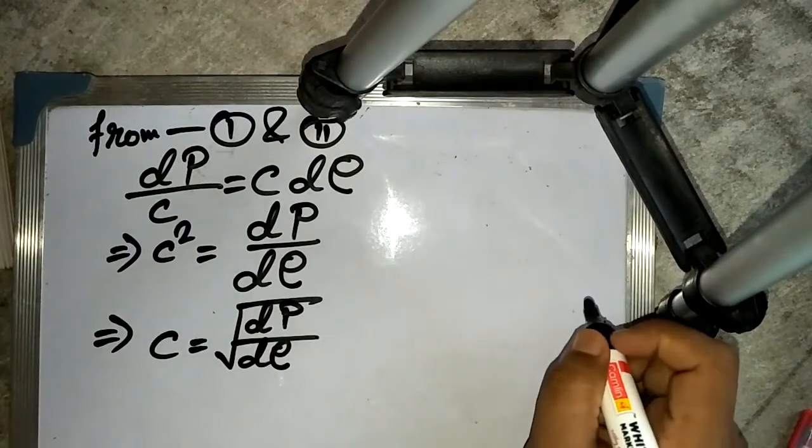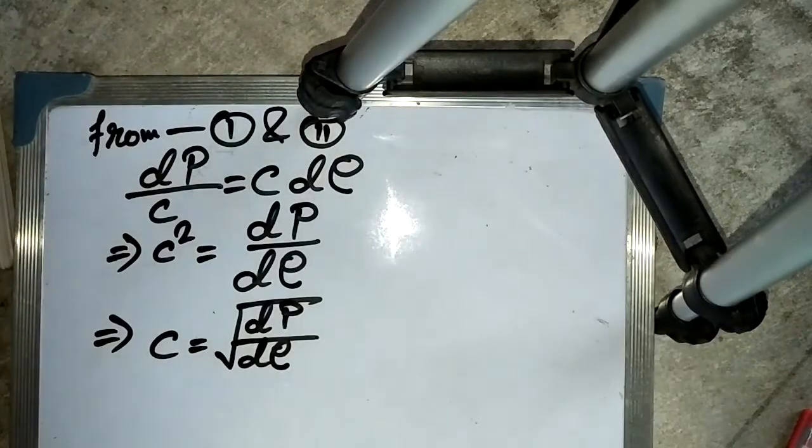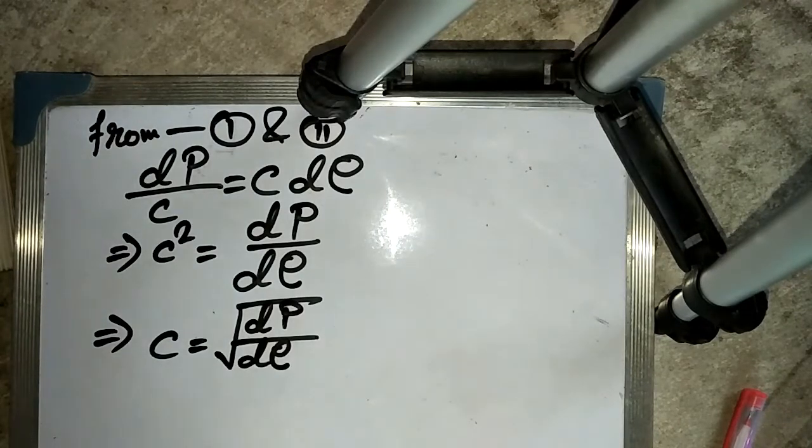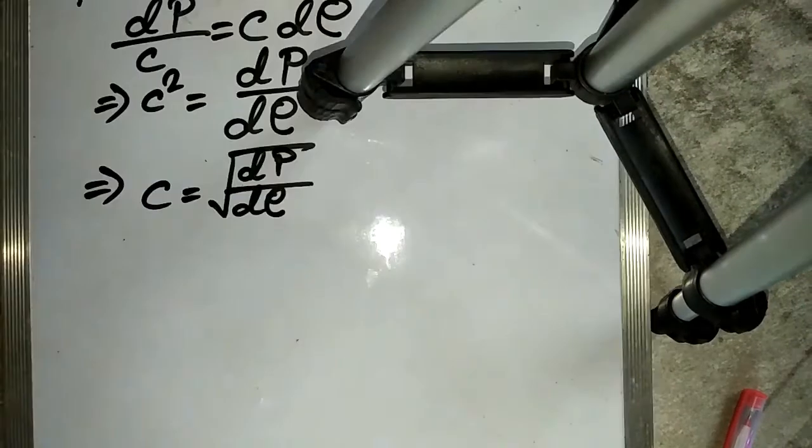So for this kind of situation, compressible flow through a channel or a duct, the velocity of the wavefront, which is equal to the sound velocity, is equal to root over dP by d rho, the change in pressure by the change in density.